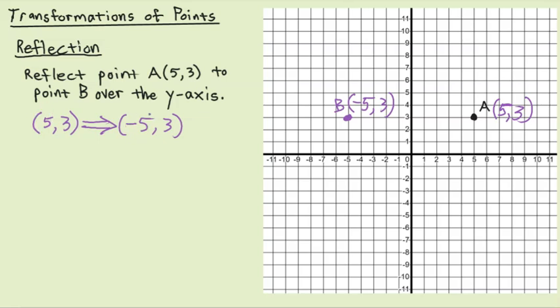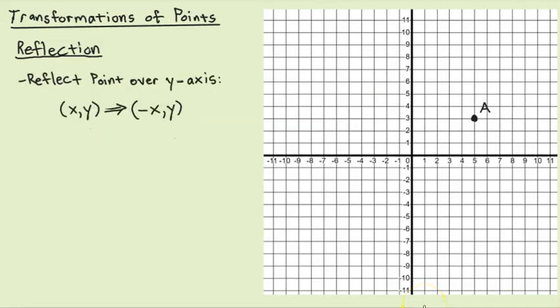We can also assume that if it started negative, it would then become positive, because if we started with point B, the reflection would be point A, and that goes from -5 to +5. So here's what we're going to say. When we reflect over the y-axis, all we're going to do is change the sign of the x coordinate.